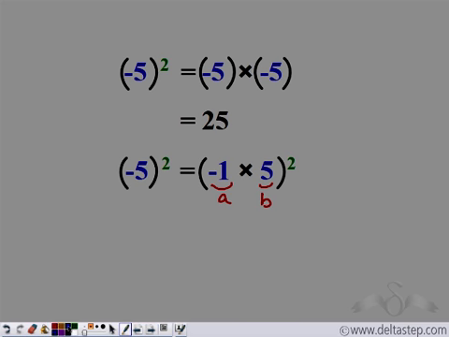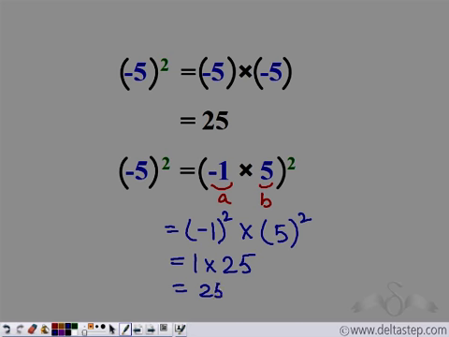So we can write it as negative 1 square into 5 square. Now negative 1 square is 1, into 5 square is 25. So this gives us 25.